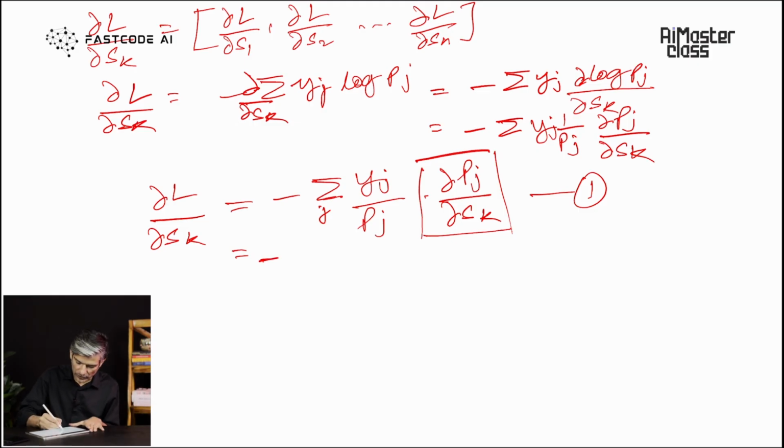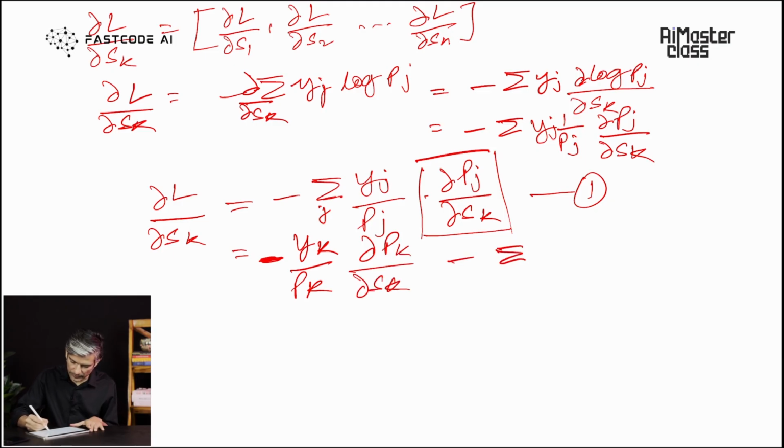So we first put j equal to k, so we have a negative coming from outside, and then we have yk upon pk times the derivative of pk with respect to sk, and then also the sum when j is not equal to k of yj upon pj and the derivative of pj with respect to sk.